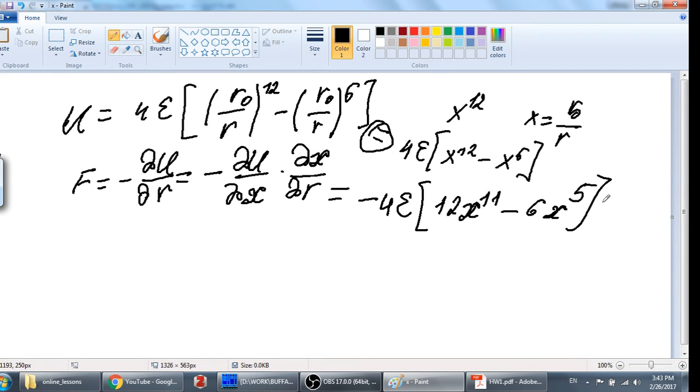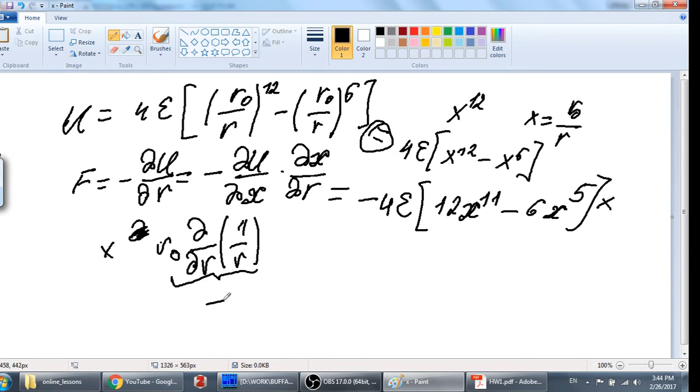We also want to multiply that by dx over dr. Now, r sub 0 is just a constant, which goes away and goes in front. So you differentiate with respect to r a function which is 1 over r, and this result is minus 1 over r squared.